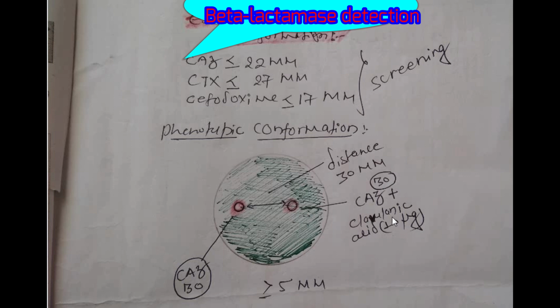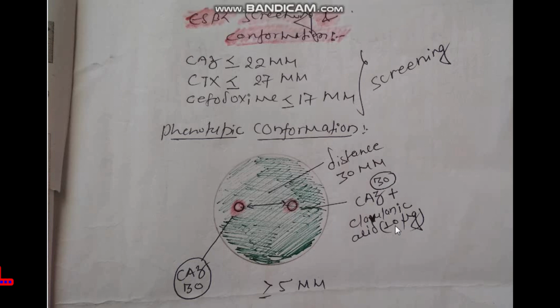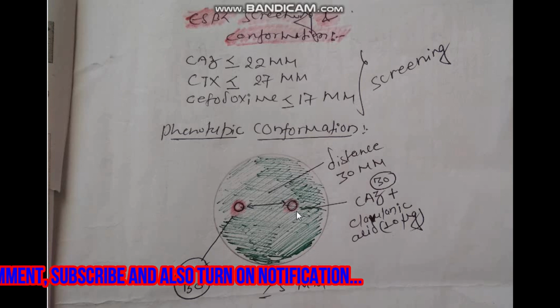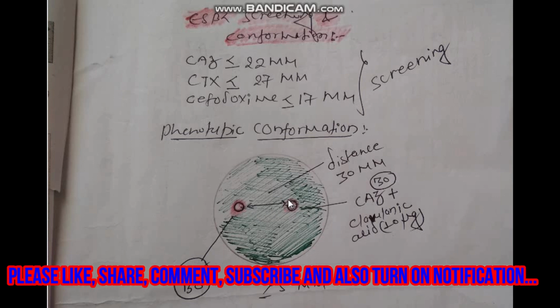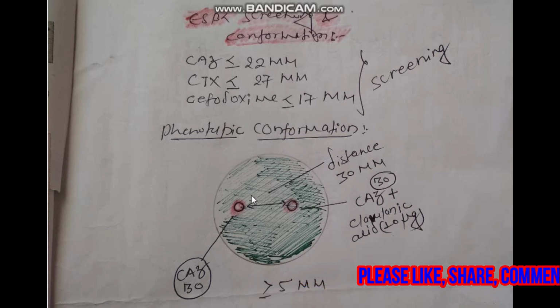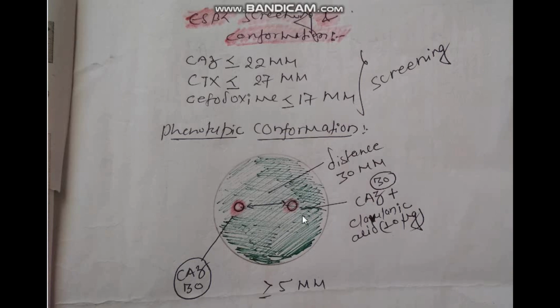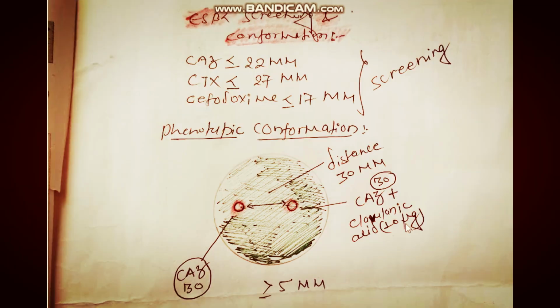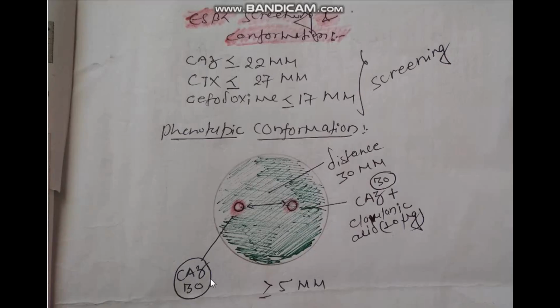The distance of these two drugs center to center is 30 millimeter. If the zone of inhibition is equal to or greater than 5 mm than that of ceftazidime, the isolate is an ESBL producer.